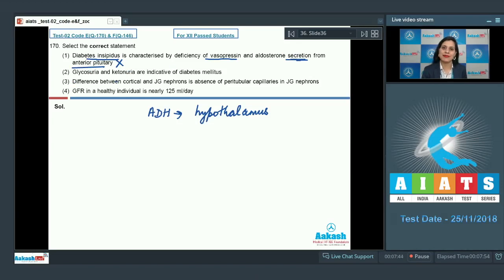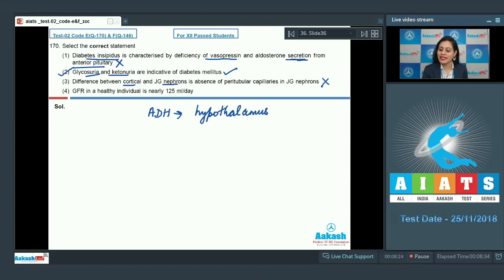The next statement given is, glycosuria and ketonuria are indicative of diabetes mellitus. And this is a correct statement and is a correct answer to our question. This is given in your NCERT book that glycosuria and ketonuria are indicative of diabetes mellitus. The next statement given is, difference between cortical and JG nephrons is absence of peritubular capillaries in JG nephrons.